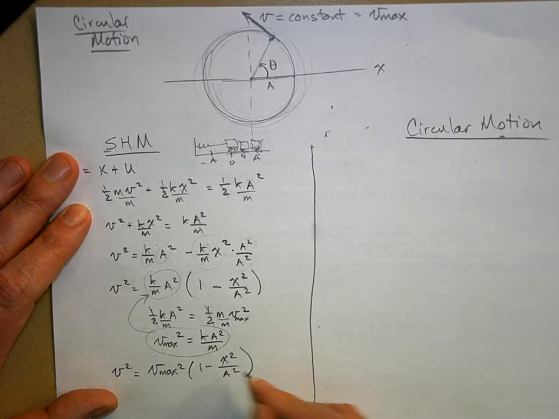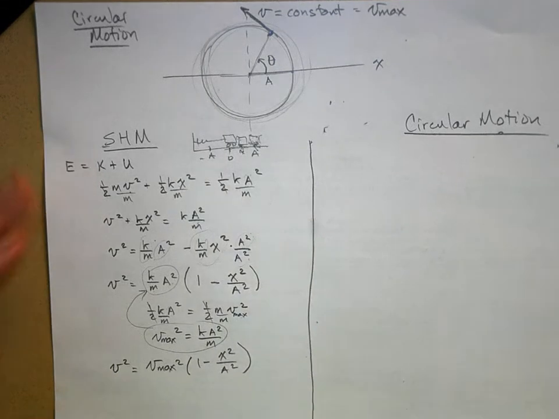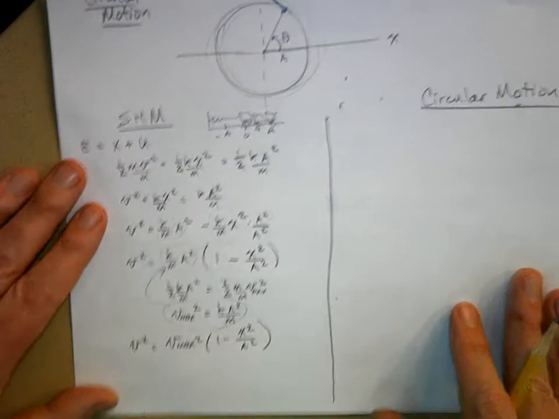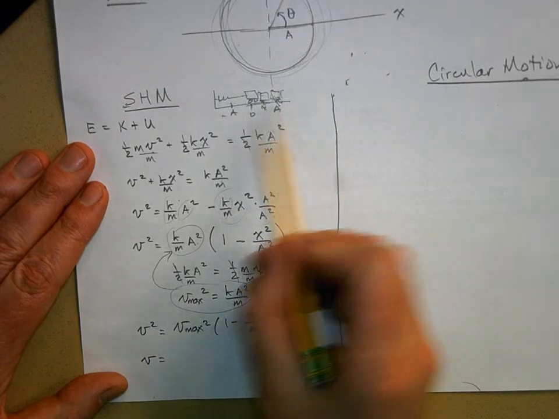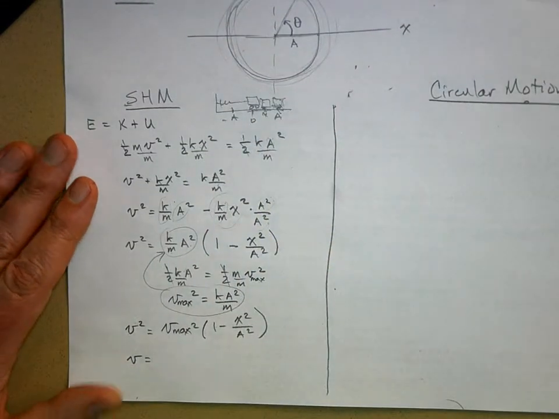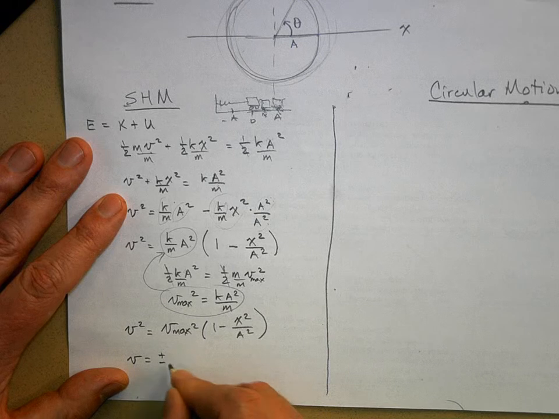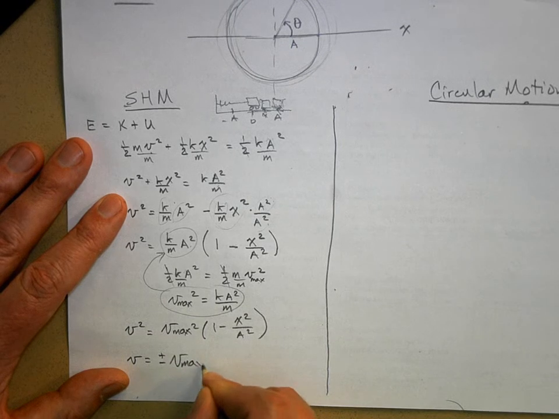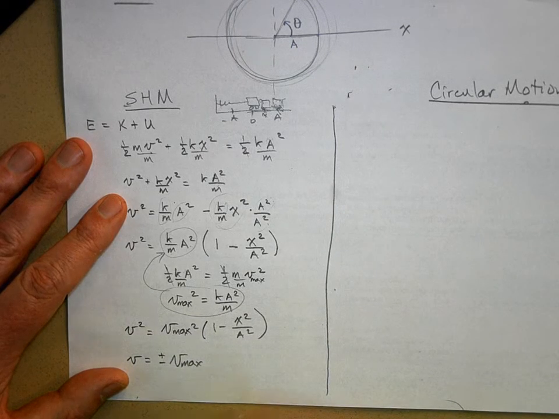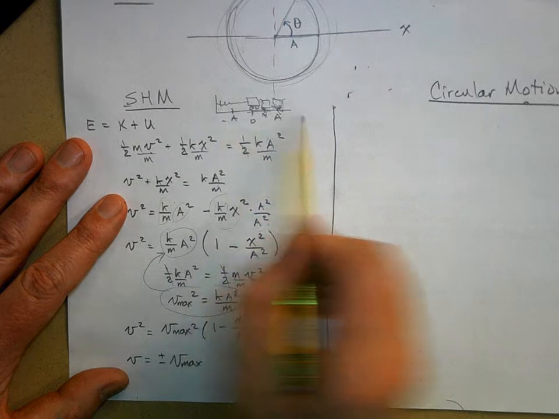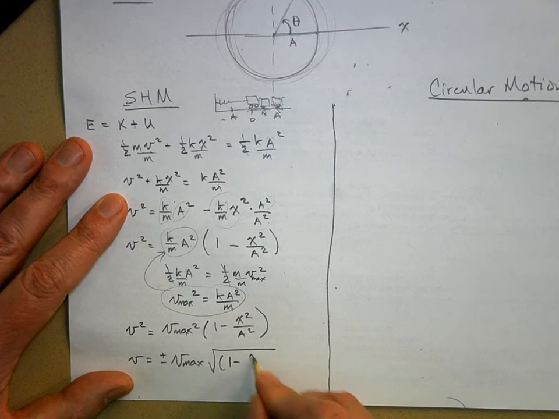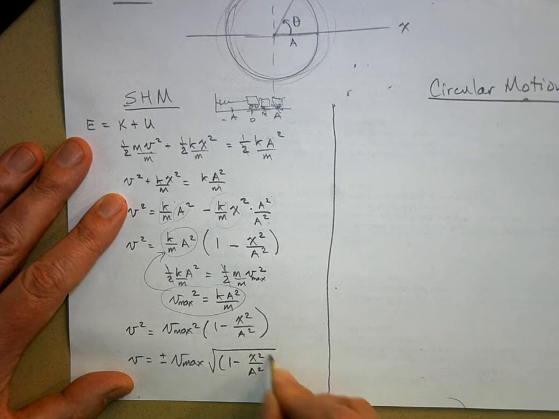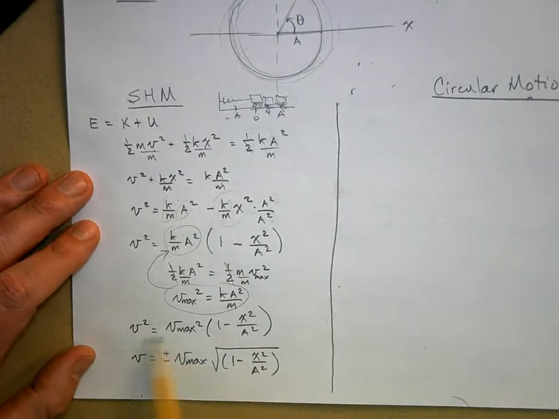And then the way it's shown in the book is they solve for v. So v, the speed of my mass spring oscillator at any given time, is going to be equal to plus or minus, and that just means it's either going to the left or to the right, and it's going to do both as it oscillates back and forth, times the square root of 1 minus x squared over a squared. Woohoo! All right.